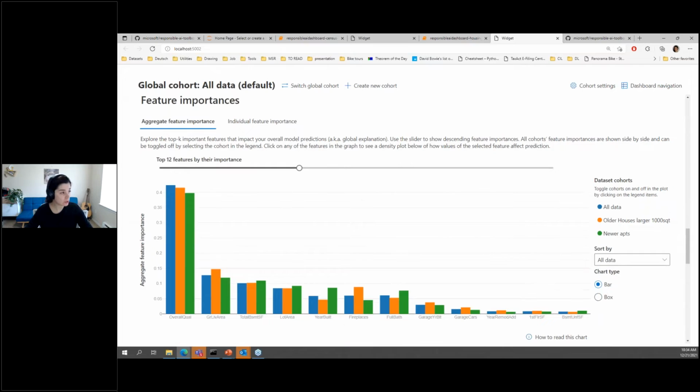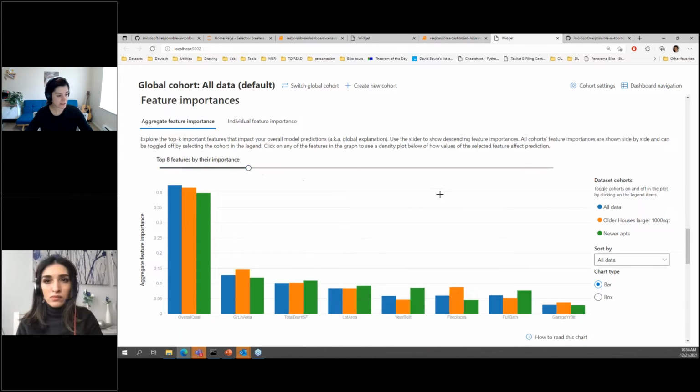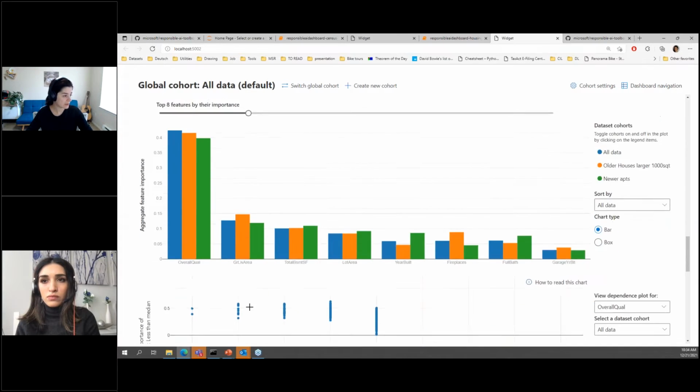Another thing that one can do, again on the diagnosis side, is to look at the importance of the features from an interpretability perspective. So basically here we're looking at how important each of the features is for each cohort in order to really understand the decision making of the model in this case.